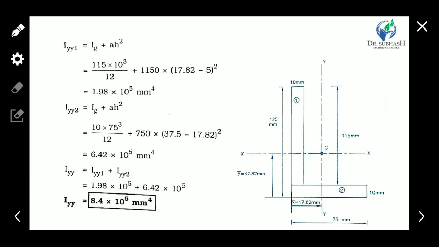Then find the moment of inertia for xx and yy for the individual elements, Ix1, Ix2, whatever the number of given elements, and then the summation of them gives Ix. The same procedure is applied for the y axis and you get the moment of inertia. I hope that you very well understand everything related to moment of inertia and its examples, and how to find the moment of inertia with the help of the parallel axis theorem.